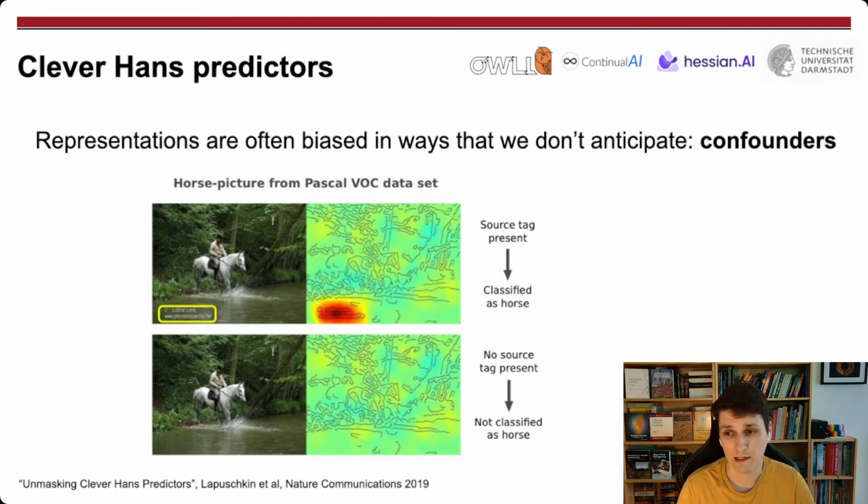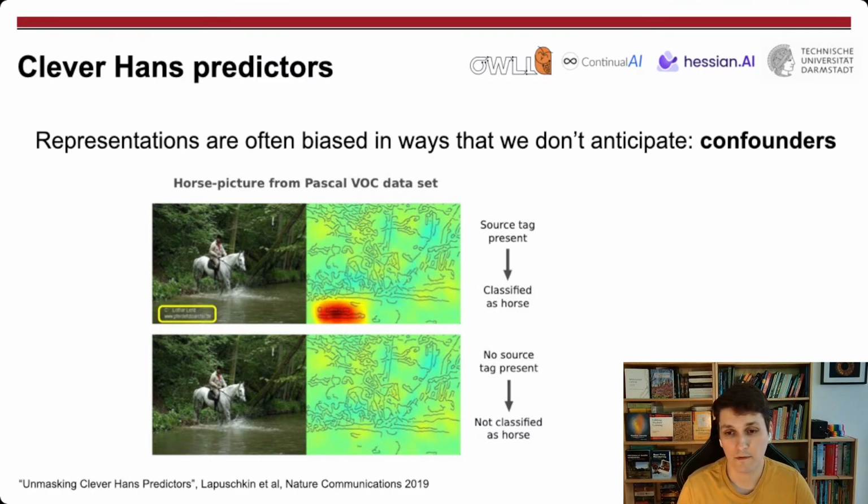And quite similarly, but maybe more extreme and more worrying, is this idea of confounders. Confounders have luckily picked up some attention in newer literature, but it's something that's still very worrying. In this example you have the Pascal VOC dataset, and what has been discovered is that a lot of the images that depict horses have these photography tags at the bottom.